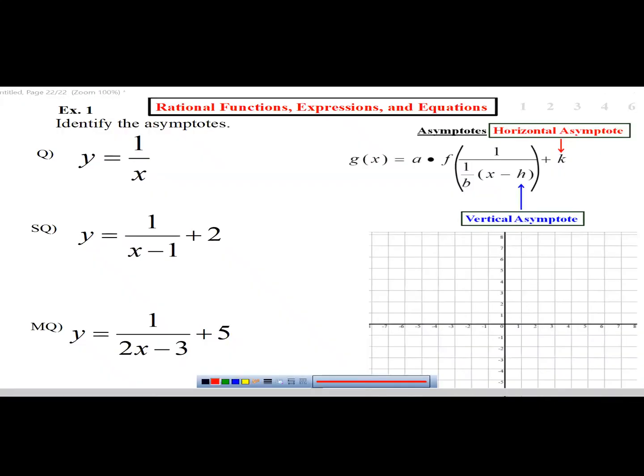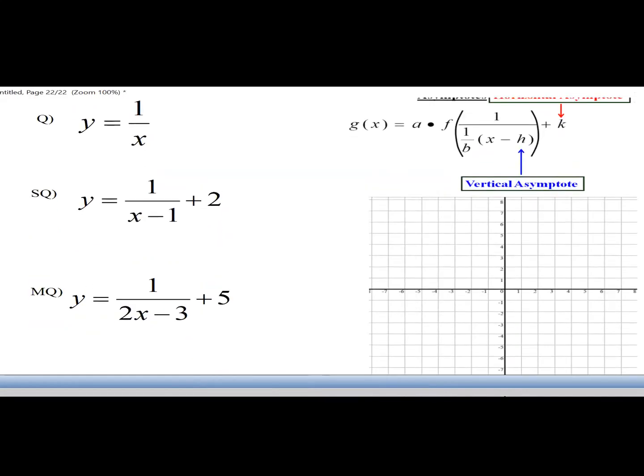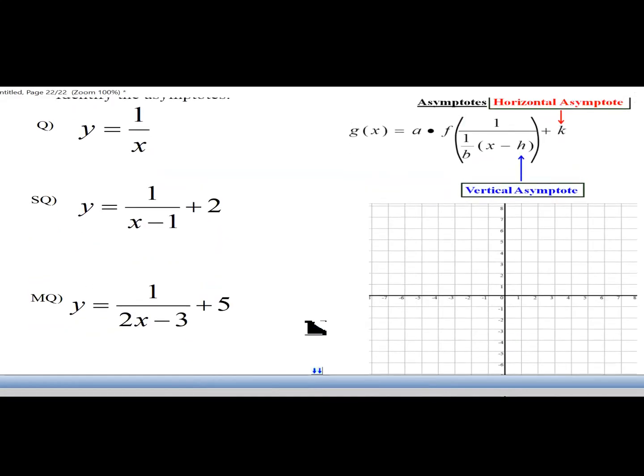So here we go. I'm going to write vertical asymptote, x equals, horizontal asymptote, y equals.